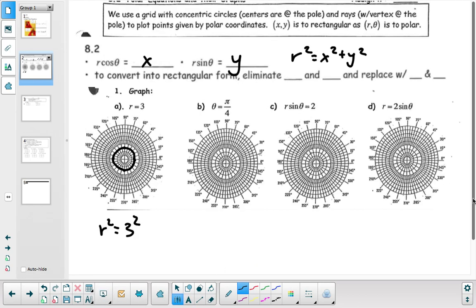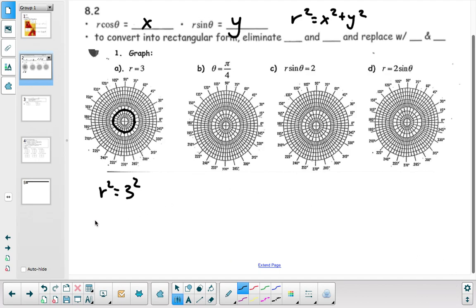So if we do this, we have r squared equals 9. Over here we have r squared as x squared plus y squared. And this is an equation of a circle with center at 0, 0 with a radius of 3. So then if I wanted to graph that, it'd be this.